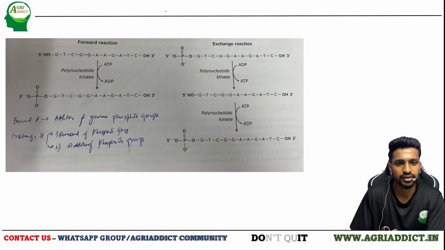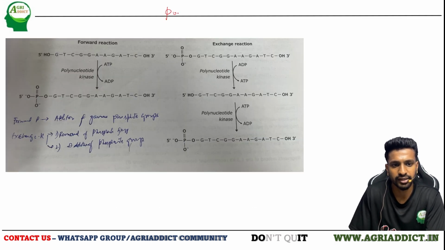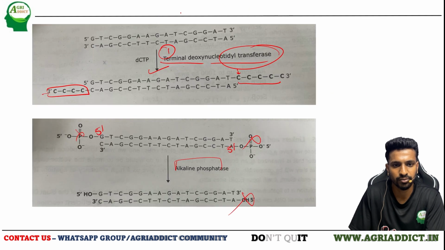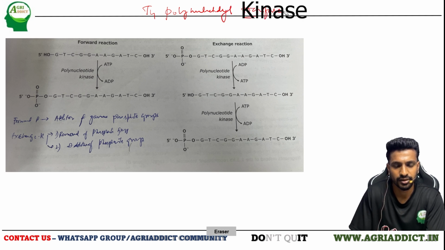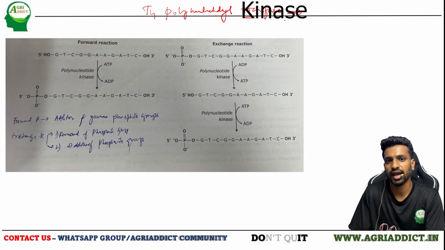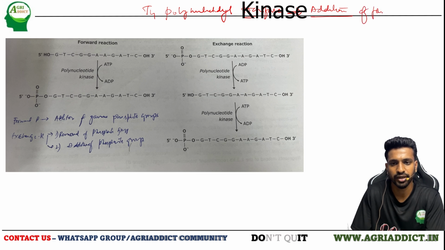Next we have the third one, T4 polynucleotide kinase, sorry, T4 polynucleotide transferase. This has the opposite action of the alkaline phosphatase. That means it acts as an addition of phosphate group. So its function is to add the phosphate group.